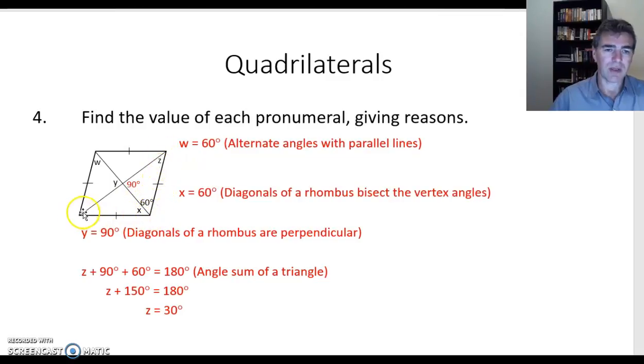This big triangle here is isosceles because this side is equal to that side. And we know if there's 2 sides the same, there are 2 angles the same opposite those sides. Well, this is already 120. That's z, so that must be z also.